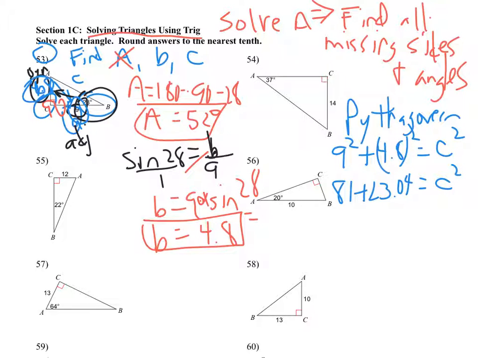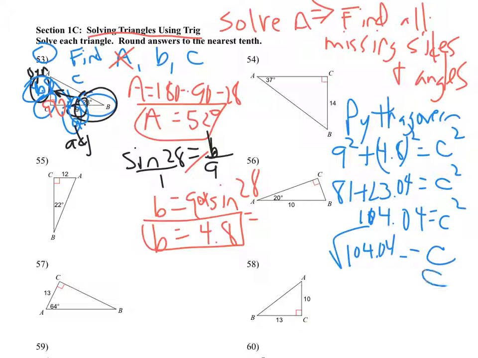If I add those two together, 23.04 and 81, it's 104.04, which is equal to c squared. And now I take the square root of that 104.04. And c is about, to the nearest tenth, 10.2 approximately. So there, I found all the sides.